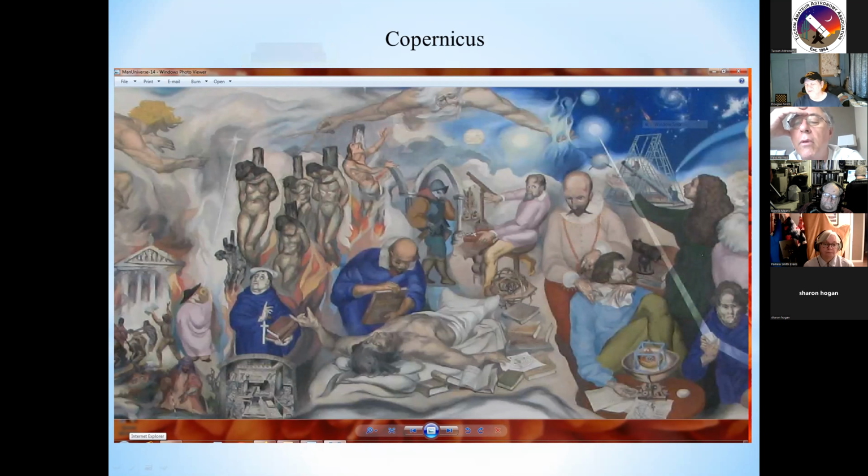And he is holding down here with his right hand a manuscript drawing of the planets revolving around the sun. And with his left hand, he's kind of pointing towards Aristotle, as if to say, you're wrong, Aristotle, or something. But notice the figure standing over him.